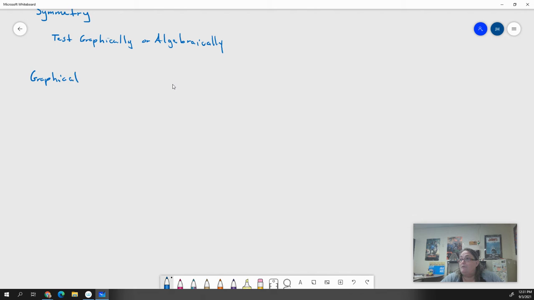Graphical tests for symmetry. One, I'm going to have to take off my glasses to do this so I can see my cards.